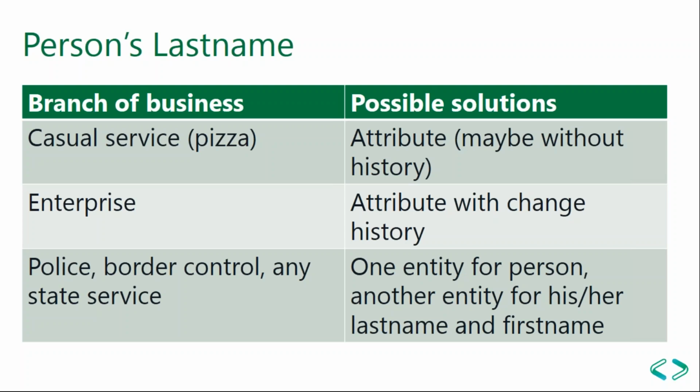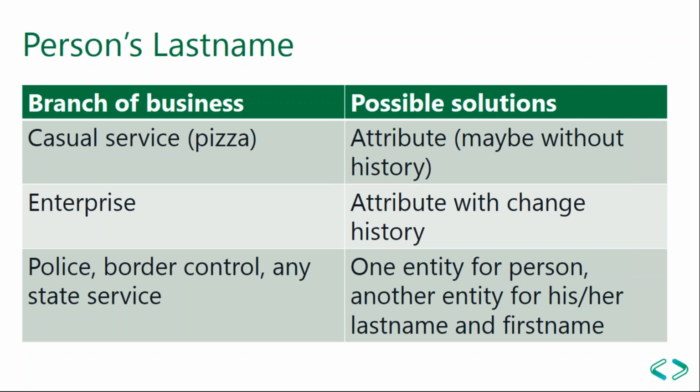In this case, you may save just one attribute. When we talk about a company and a personnel system, we need to store all data and all changes. So here we can say that we need to save an attribute with change history.